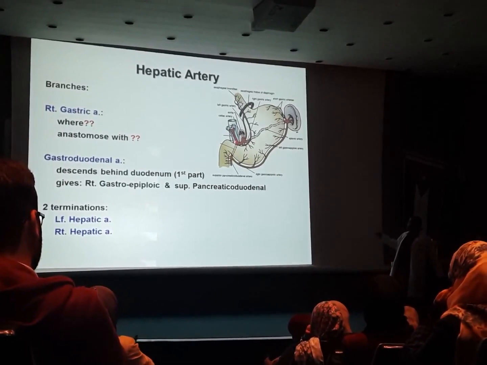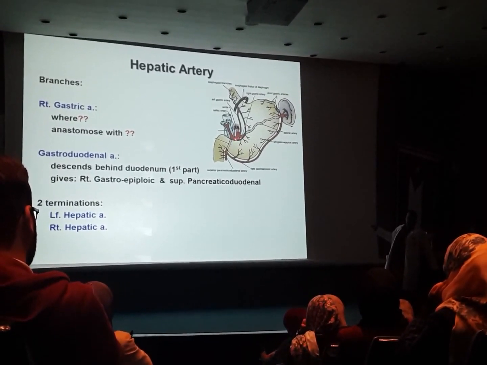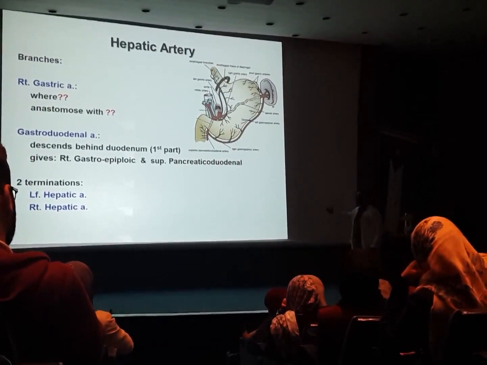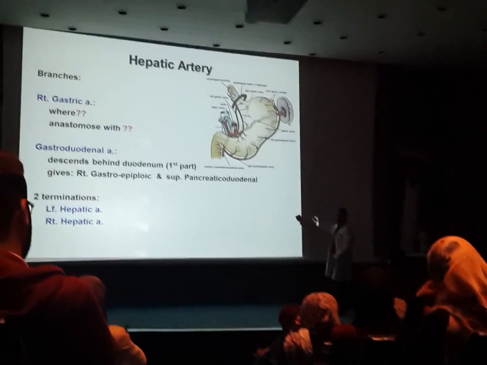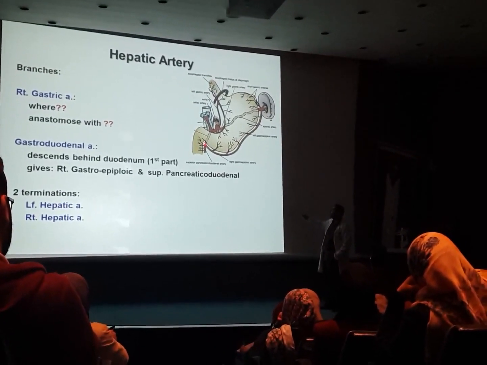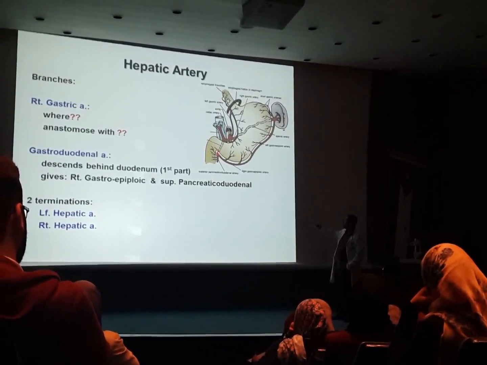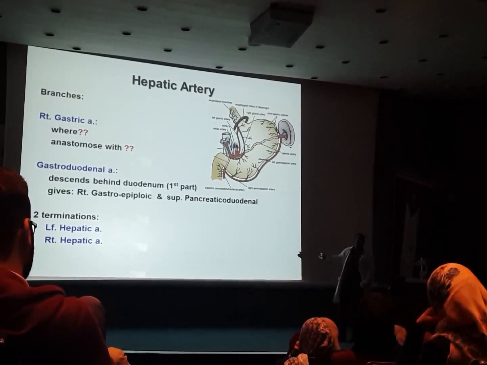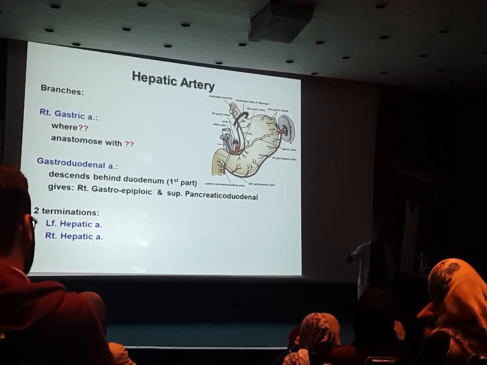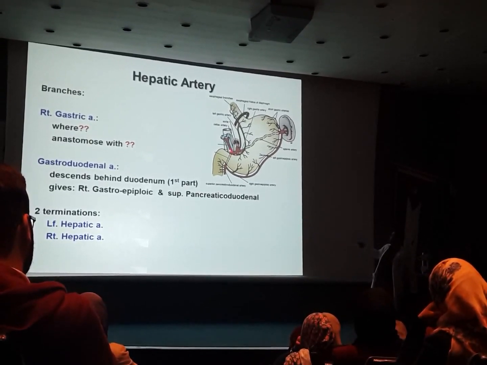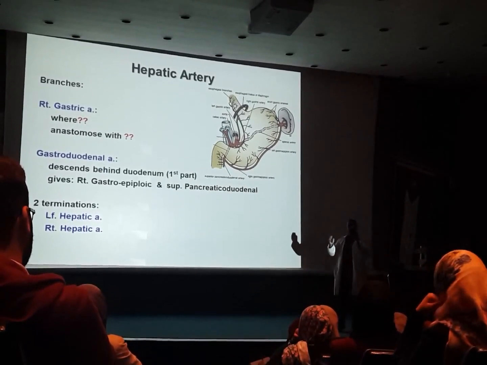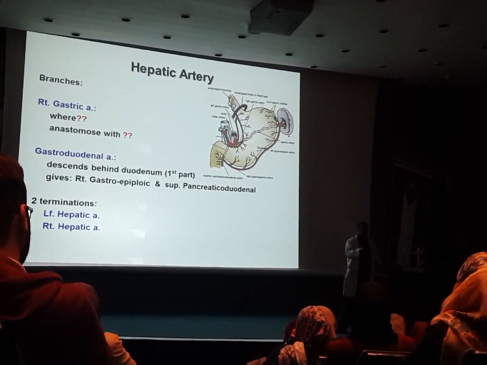So now, common hepatic first will give the right gastric. Continue to give gastroduodenal. The gastroduodenal will descend behind the first part of the duodenum, and below the first part of the duodenum it will divide into the right gastroepiploic and the superior pancreatico-duodenal. Now, after this, the common hepatic will be called the hepatic proper artery, or the main hepatic artery, to distinguish between the point of branching of the gastroduodenal.